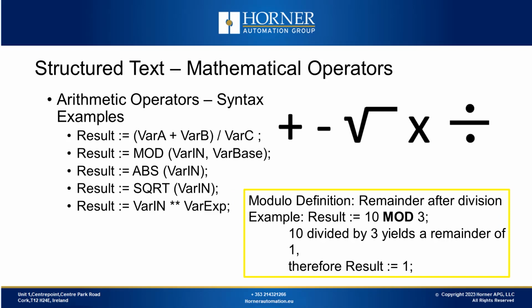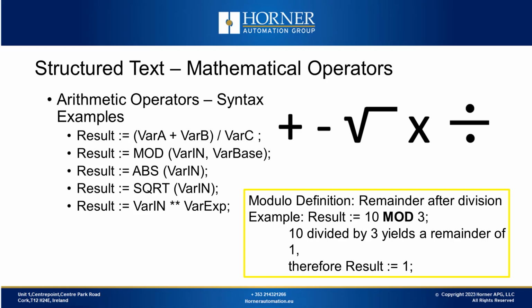Now we'll explore structured text syntax through several examples on the screen. We're using standard arithmetic operations like addition and multiplication, as well as functions like modulo and absolute value. In every case, the result is stored in the variable on the left, which we've named result here for clarity.